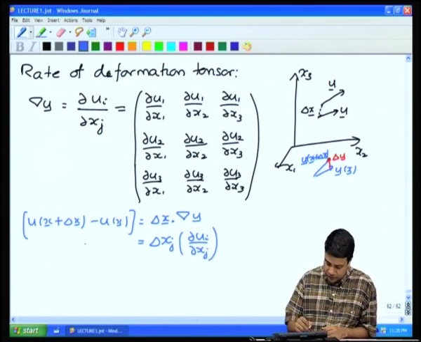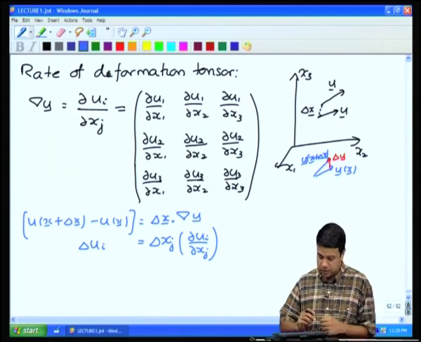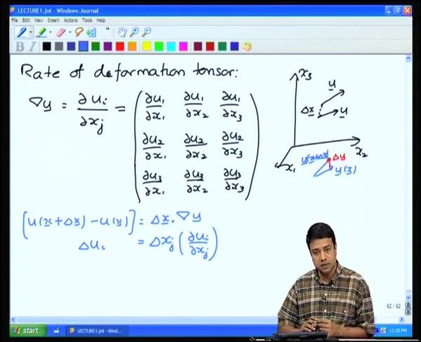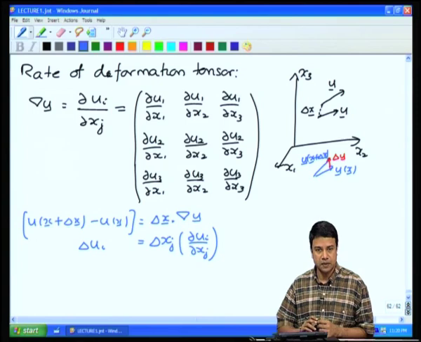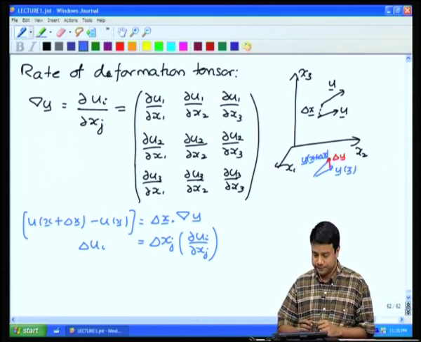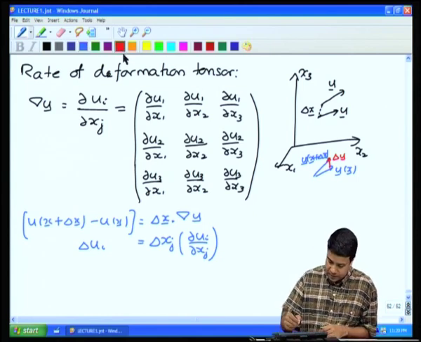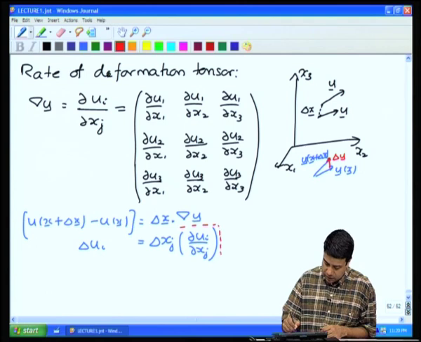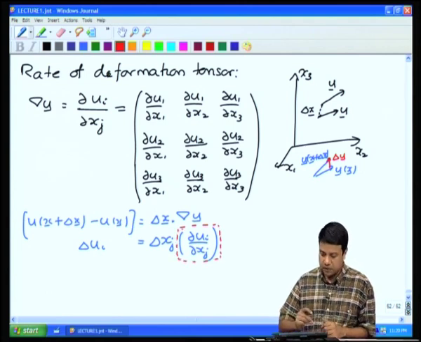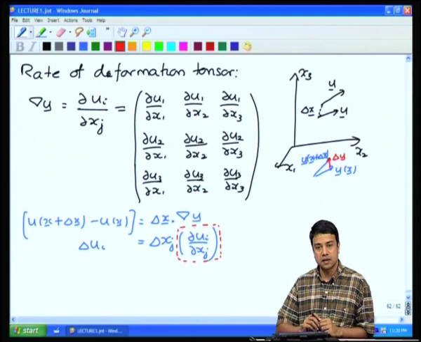So, there is a difference in velocity, that is delta u_i is equal to delta x_j times partial u_i with respect to x_j. Right hand side, one repeated index, dot product, free index is i, it is the same as the one on the left hand side. So, this second order tensor here contains all the information about how the velocity is changing as I move a small distance away from a given location in space.